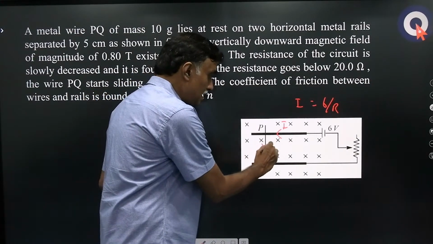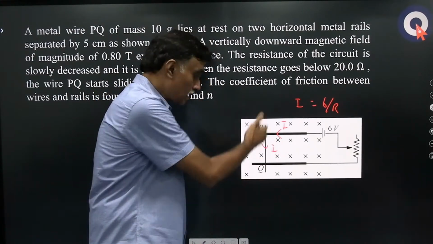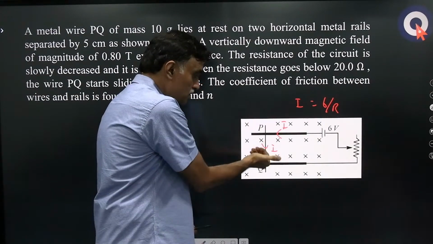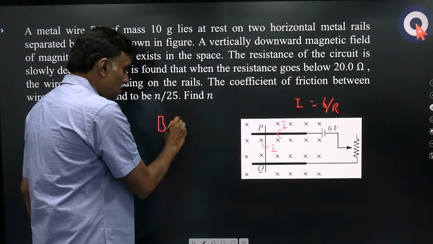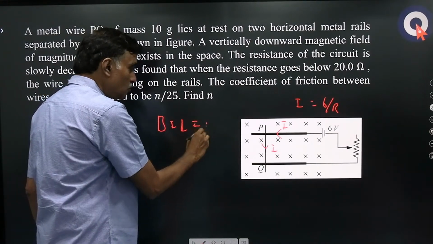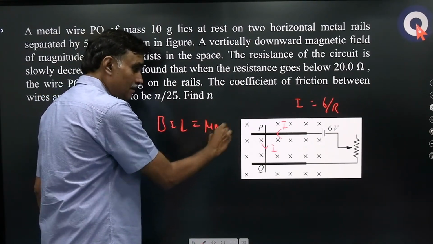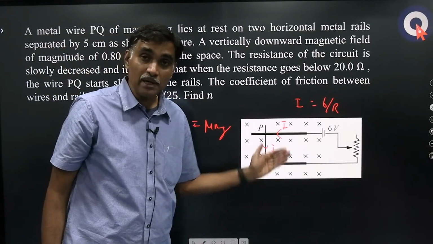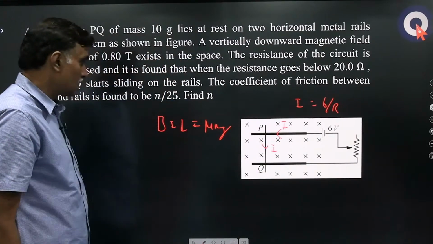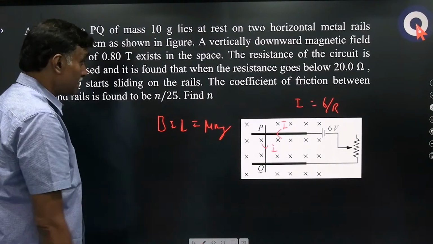So I is in this direction, the magnetic field is going into the page, so the current element is in this direction. So the force is towards the right. And what is that force? BIL. That is equal to mu into N. N is mg, we can write directly, because the magnetic field force has no component perpendicular to the rails. Okay. So from here you can find directly, I think.